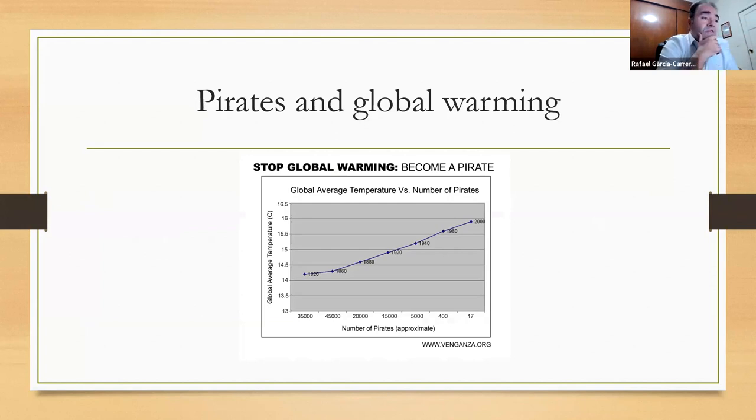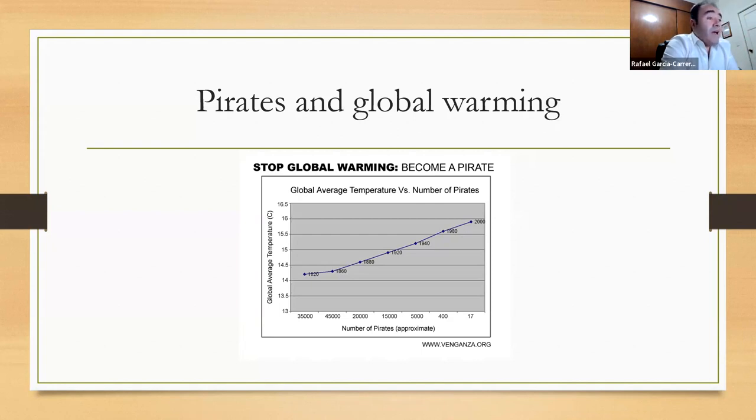If you're able to see the graphic that you see here, you may see how, as the number of pirates goes lower from 35,000 to 17, the average temperature of the Earth has increased. So in 1820, there were 35,000 pirates, and the average temperature was around 14 degrees Celsius.